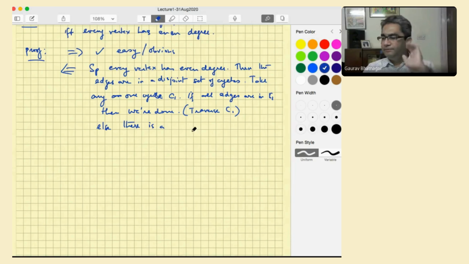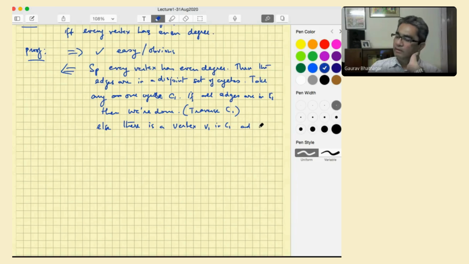there is a vertex V1, say, in C1, and V2, which is not in C1, such that V1, V2 is an edge.